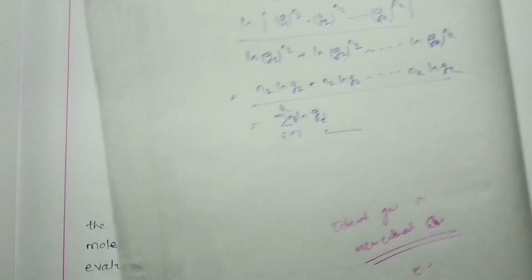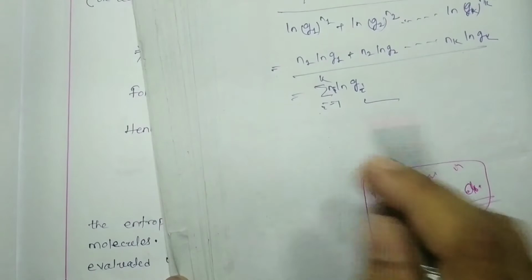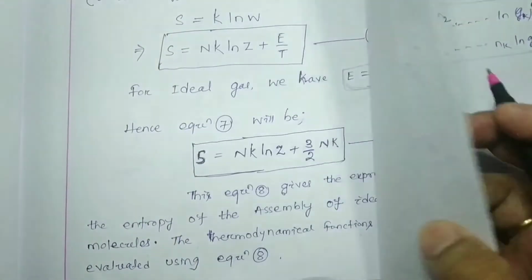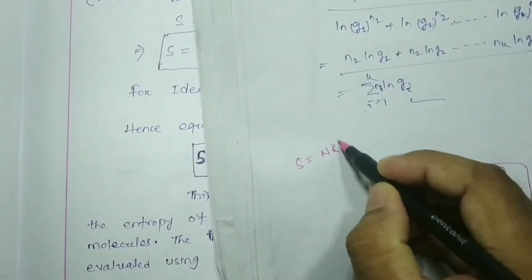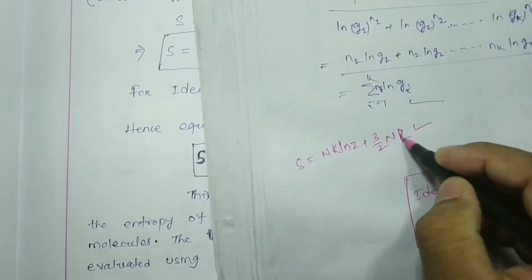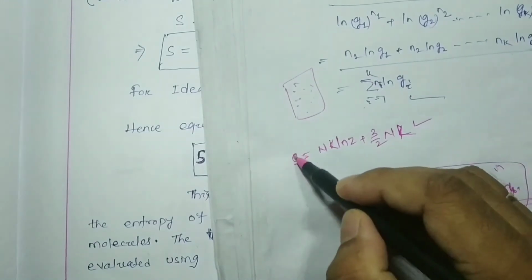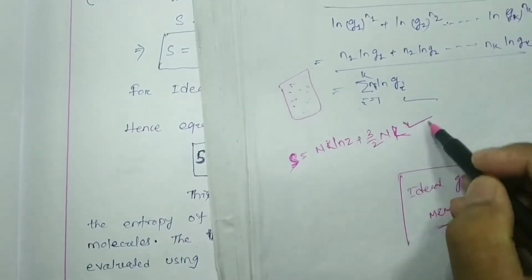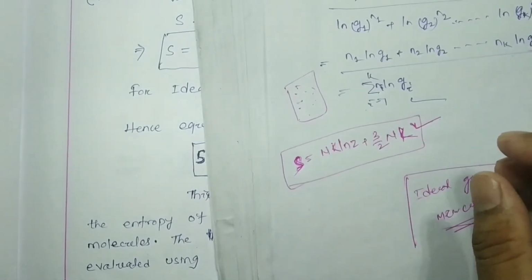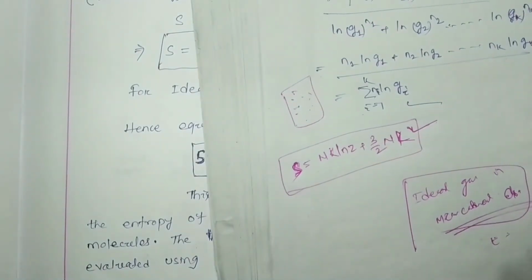So here we found the expression of entropy S equal to N k ln z plus 3 by 2 N k. This is the expression for the assembly of gas molecules, and from the entropy expression we can find all the thermodynamical parameters or functions or quantities of a system.